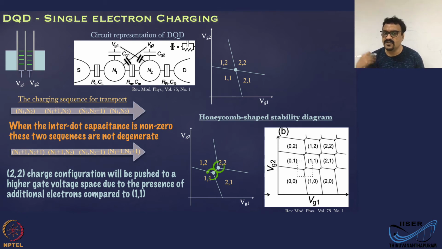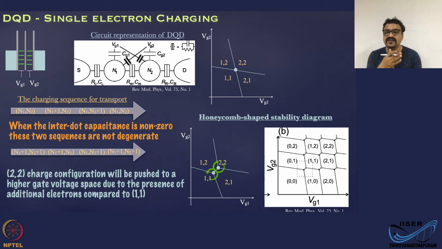The extra electron on dot 2 is not affecting the potential of dot 1. But now that is not the case. When you have the capacitance, the extra electron on dot 2 is going to put a more negative charge or a lower potential on dot 1. What that means is 1-1 and 2-2 configurations cannot be degenerate.